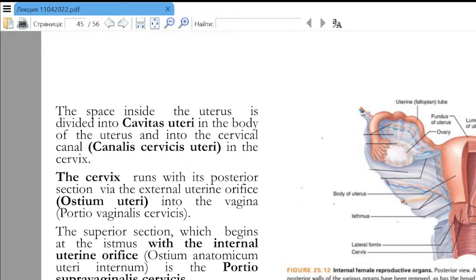The superior section, which begins at the isthmus with the internal uterine orifice, is the portio supravaginalis cervicis.